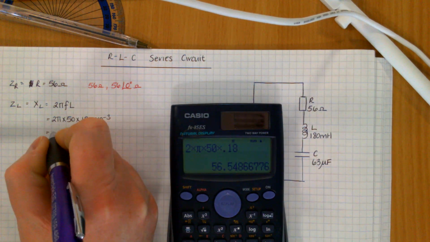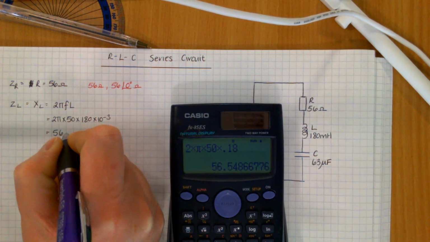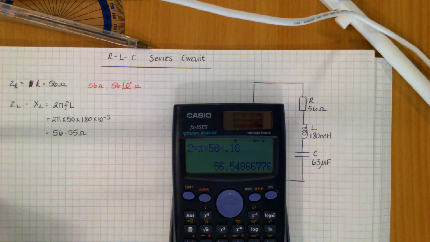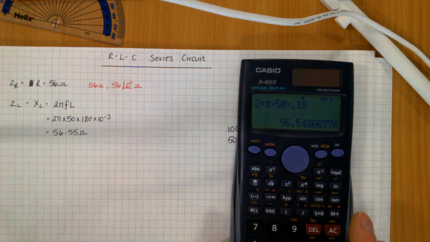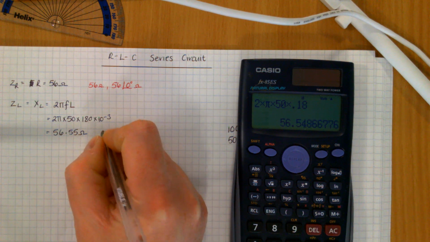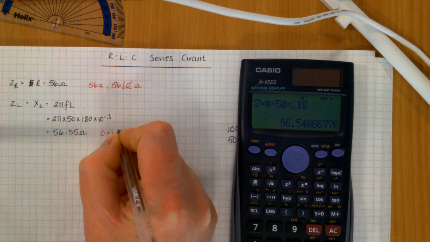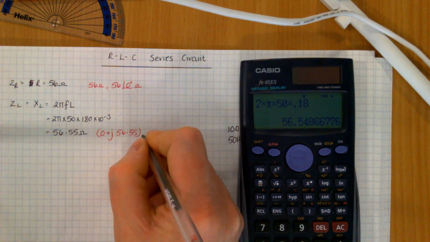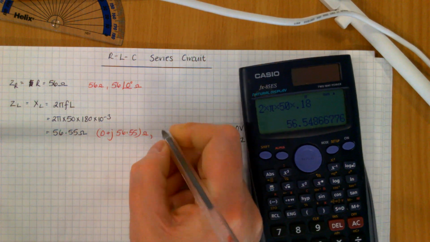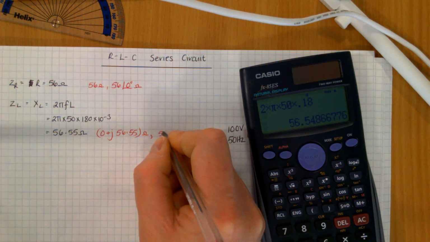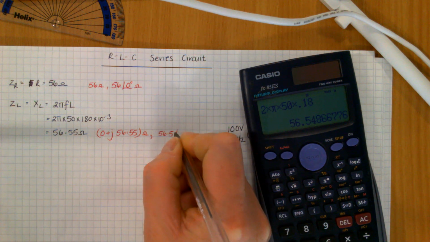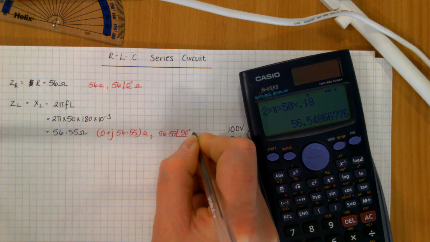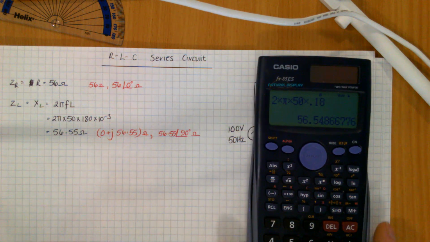That gets to 4 significant figures again, 56.55 ohms. And then that value in rectangular is 0 plus j56.55, and in polar form your angle's plus 90. So that would be that.